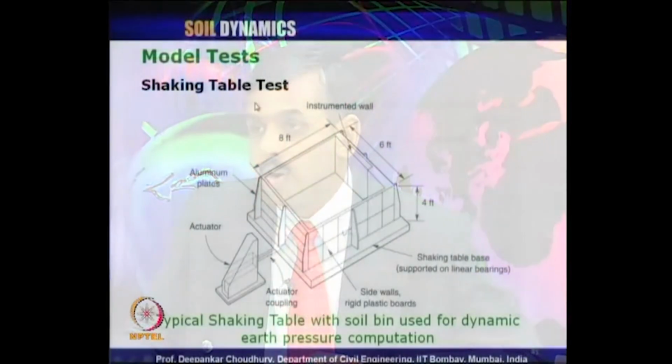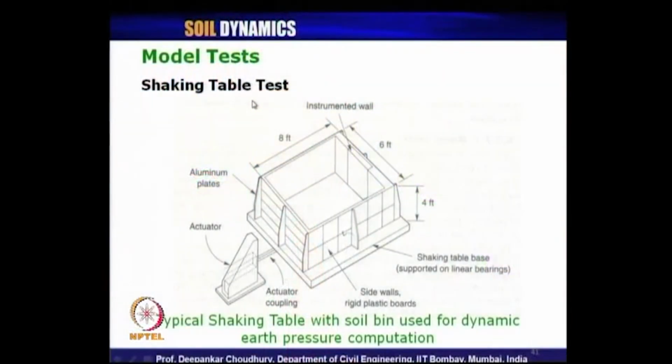That is why using the shaking table test for dynamic soil properties or the behavior of dynamic earth pressure or dynamic bearing capacities, things like that, does not always give us the true result. So, we have to be very careful to understand the limitations of the shaking table test for geotechnical engineering problems.